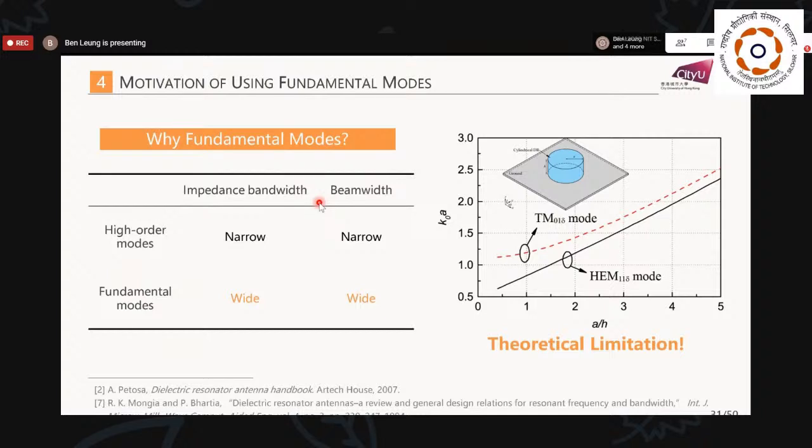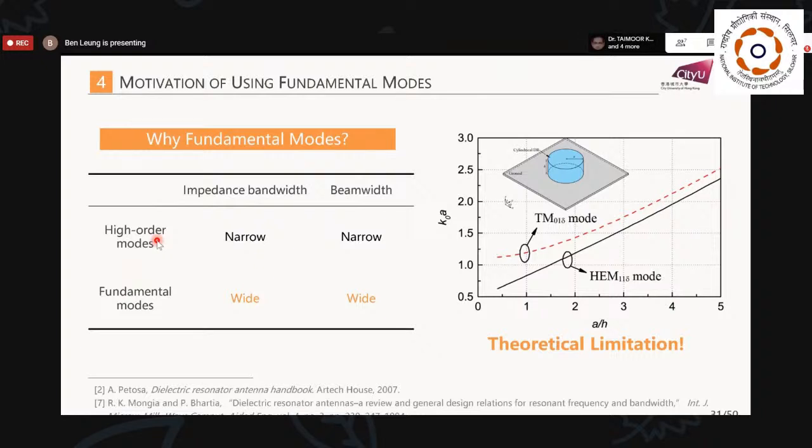Okay, the first pattern diversity design is to use two fundamental modes. Why do we want to use fundamental modes? It's because for higher order modes, as I said before, the beam width will be narrower, and therefore it may not fit certain applications.